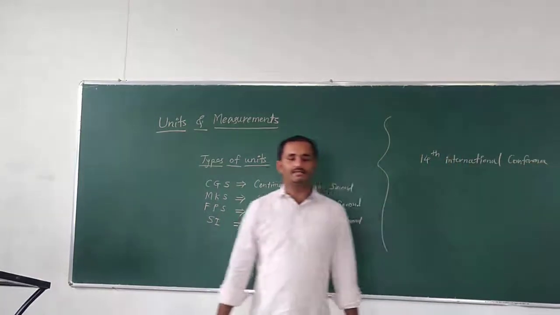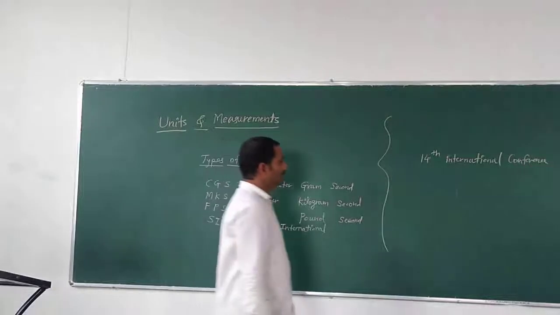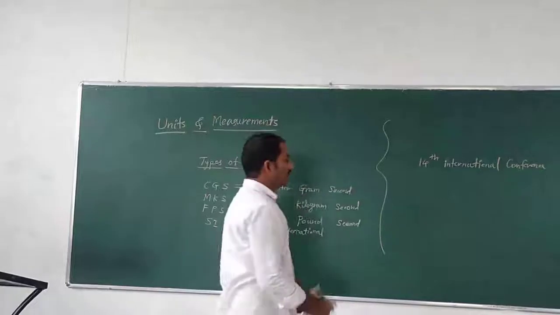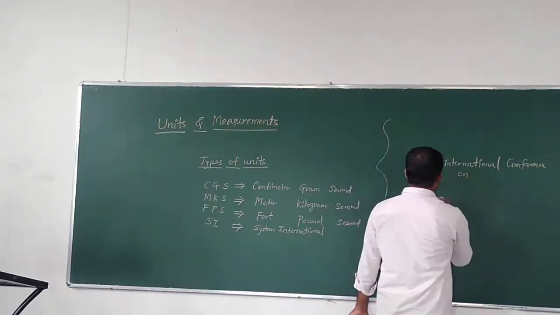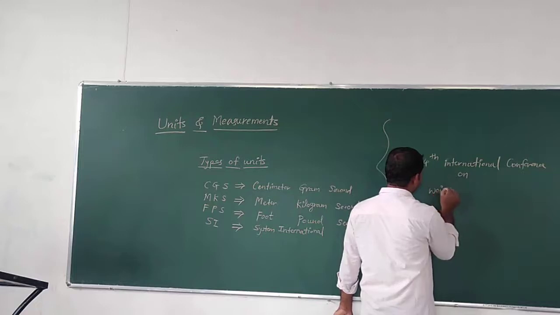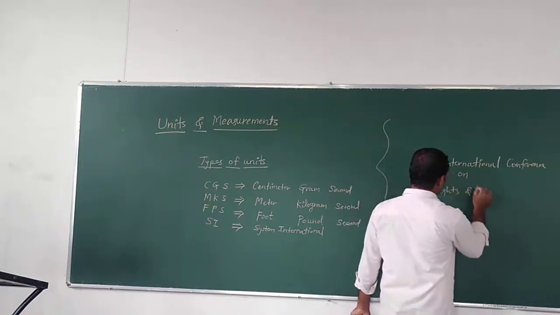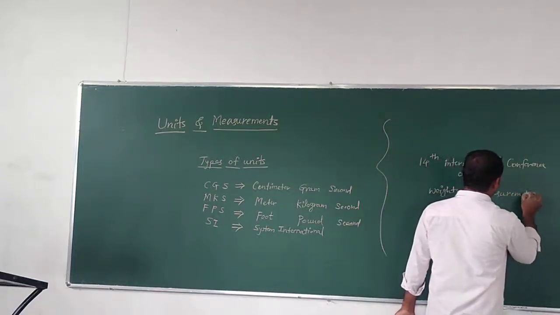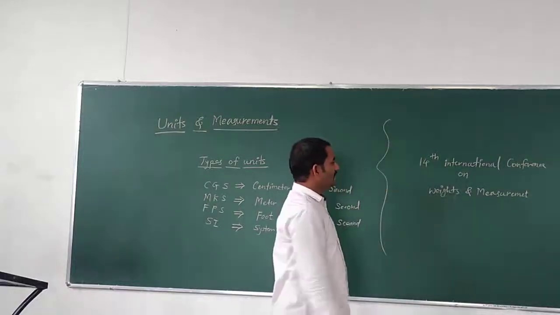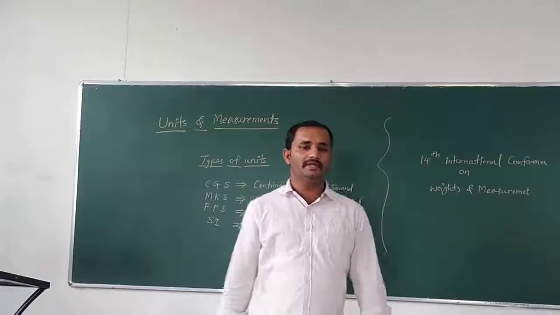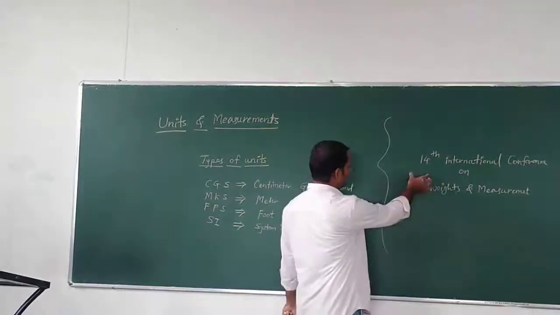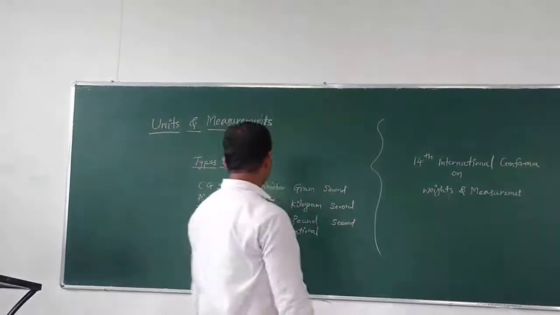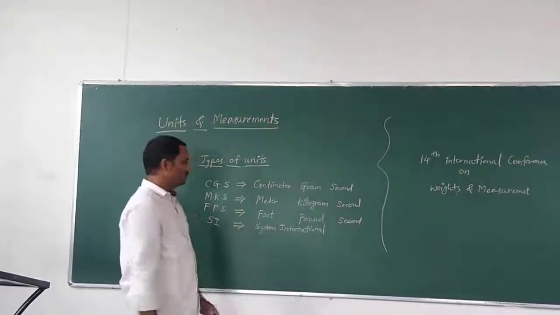This conference was organized on units and weights and measurements. So in the 14th International Conference on Weight and Measurement, the scientists decided the SI system is the standard measurement system. So what are the parameters in SI system?